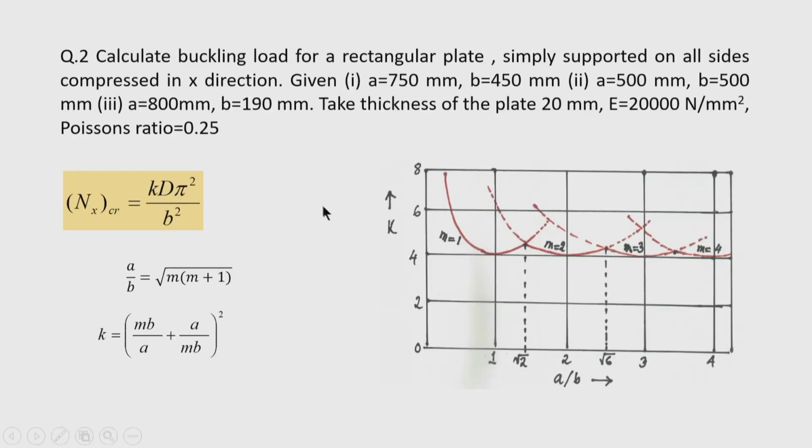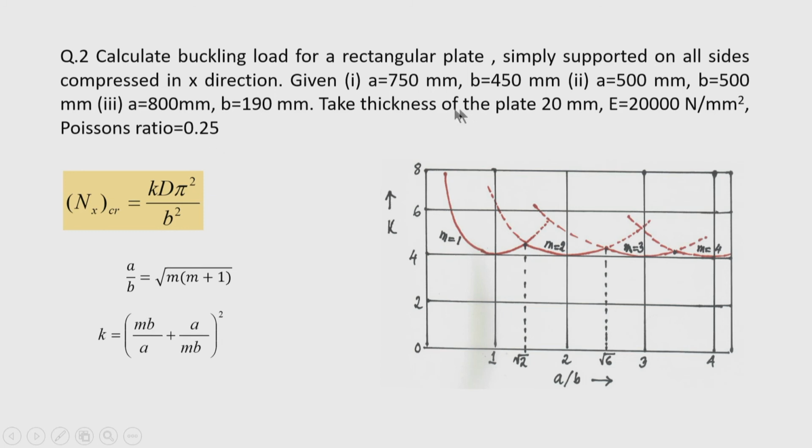Okay. Now, let us see the second problem. Calculate the buckling load for a rectangular plate simply supported on all sides, compressed in x direction. The length of the plate is 750, width of the plate is 450. In another case, 500 by 500 plate dimension.